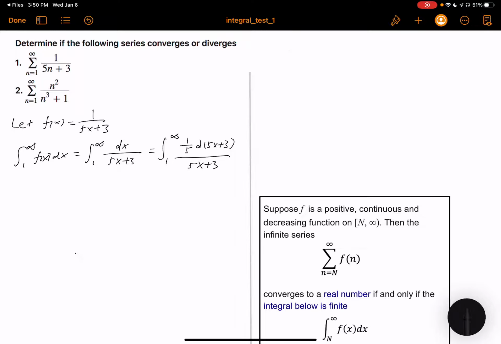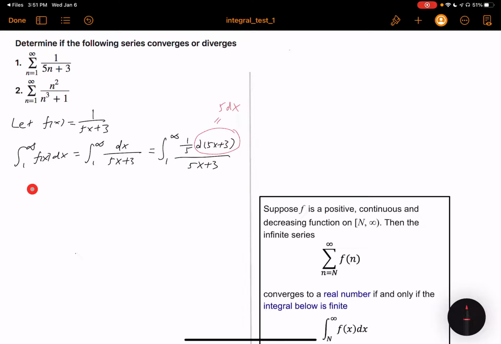So here, d(5x plus 3) is equal to 5 dx. That's why dx is equal to this whole item.